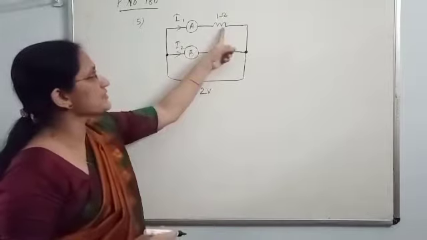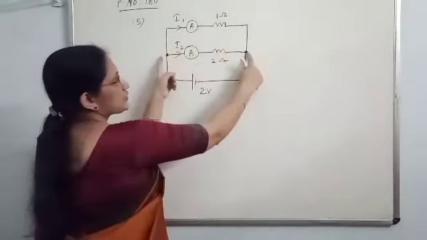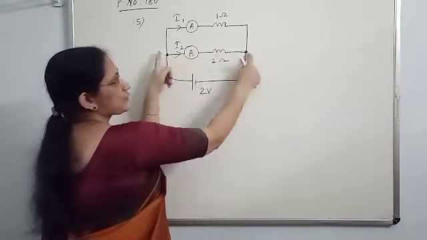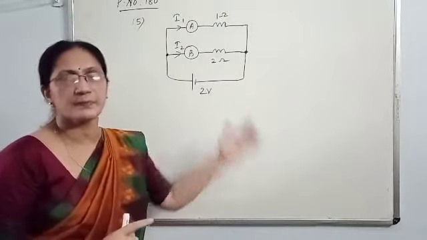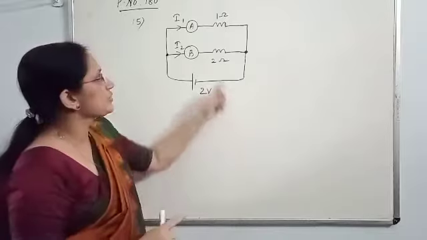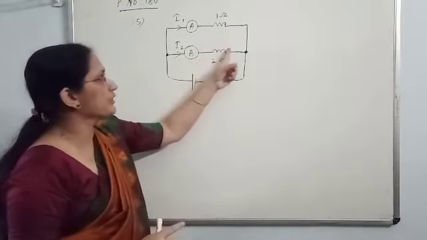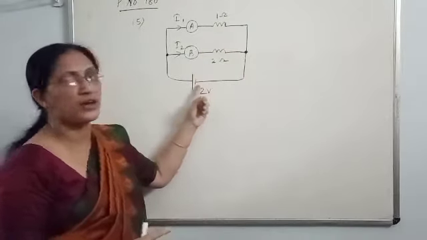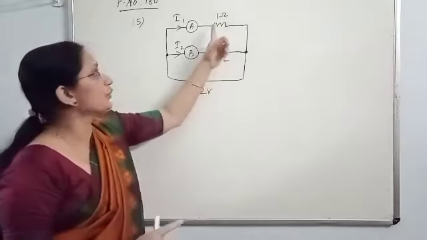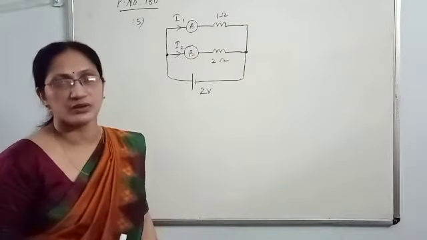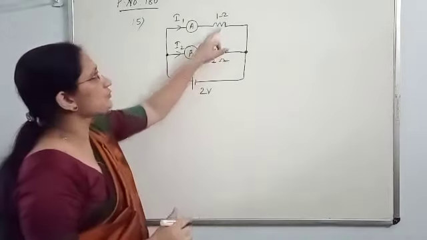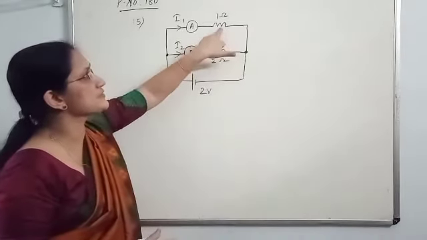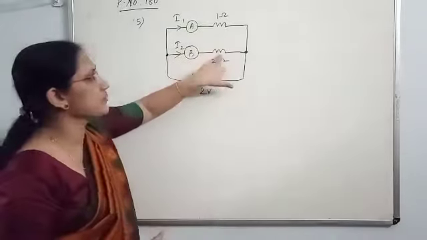This 1 ohm resistor, its endpoints are these two. The 2 ohm resistor also has the same endpoints. They have common terminals, which means a parallel combination. So a parallel combination of resistors connected to a cell of 2 volt means both the resistors will be getting 2 volt. That is the characteristic of a parallel circuit.